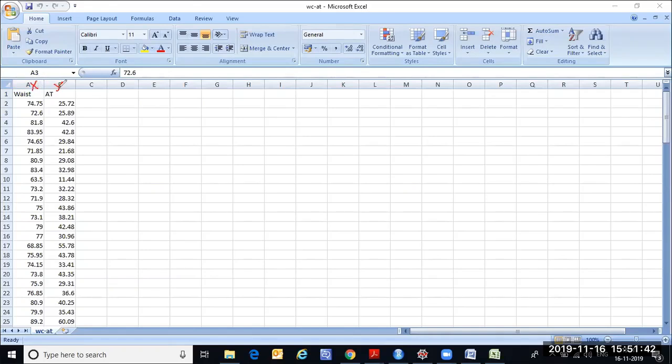What is the type of your Y variable, friends? Continuous, right? It is purely in decimal format. Y is continuous. And the number of input variables is 1.